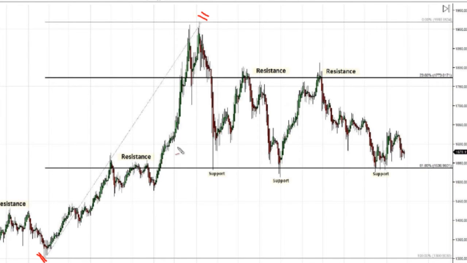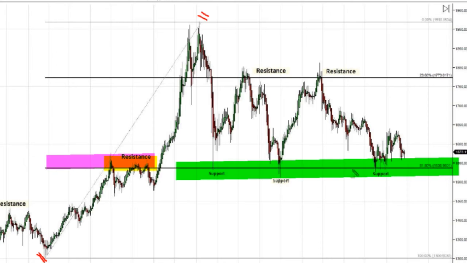But to simplify what I'm talking about, you can really see the fact that we have resistance here. The market comes up. When it comes back down, you can see that these areas now become supportive of the price point in gold, meaning the 1530, 1520 area is now support. Support and resistance, one and the same.